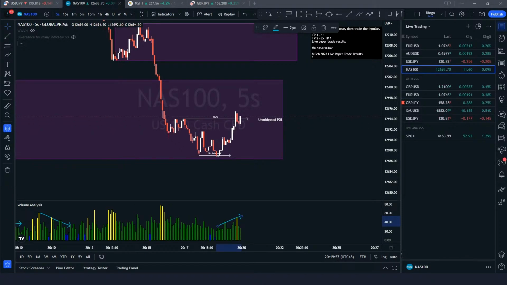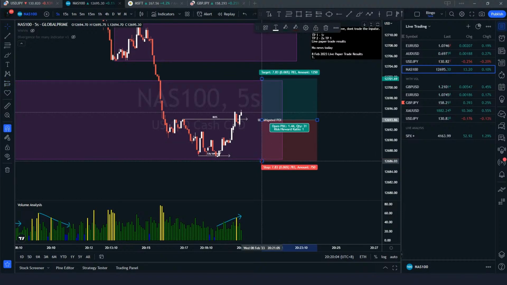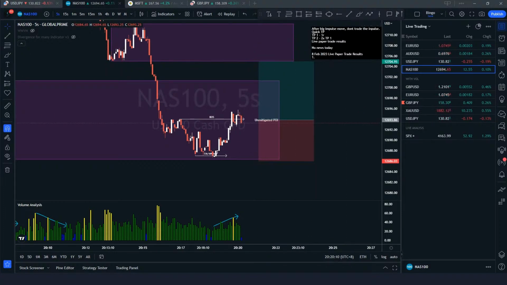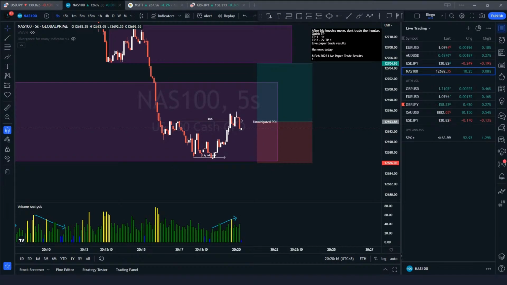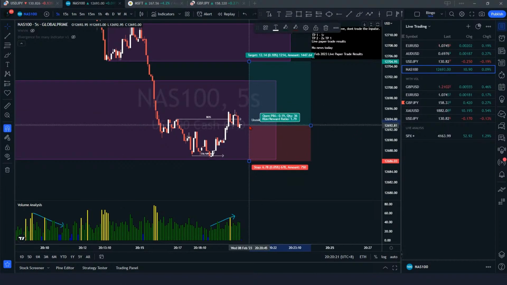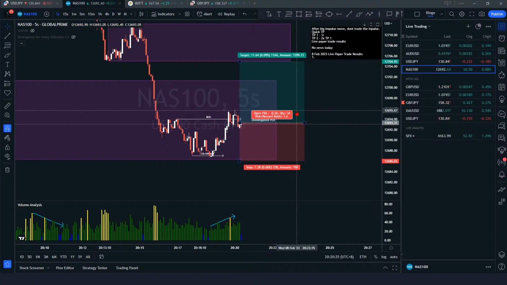Okay, let me see. If we take a long over here, the first target will be this area. I'll take a shot, I mean, long from here.